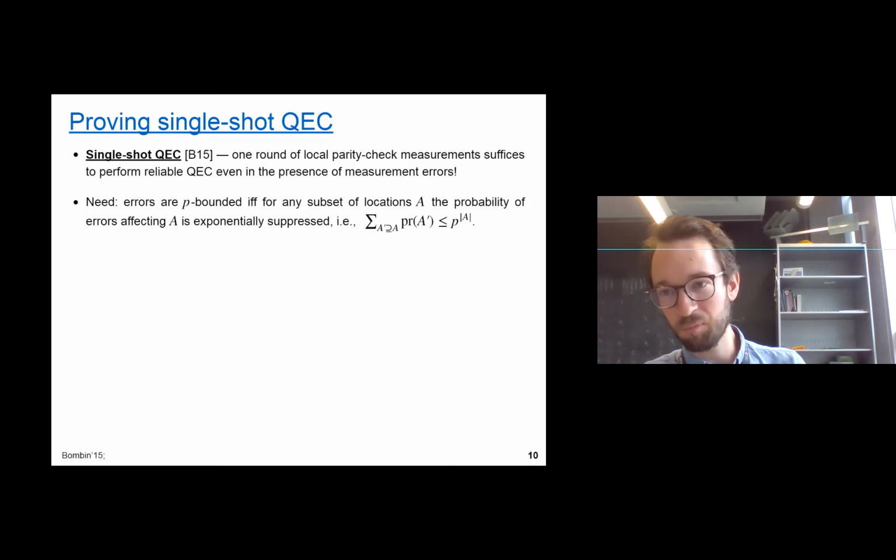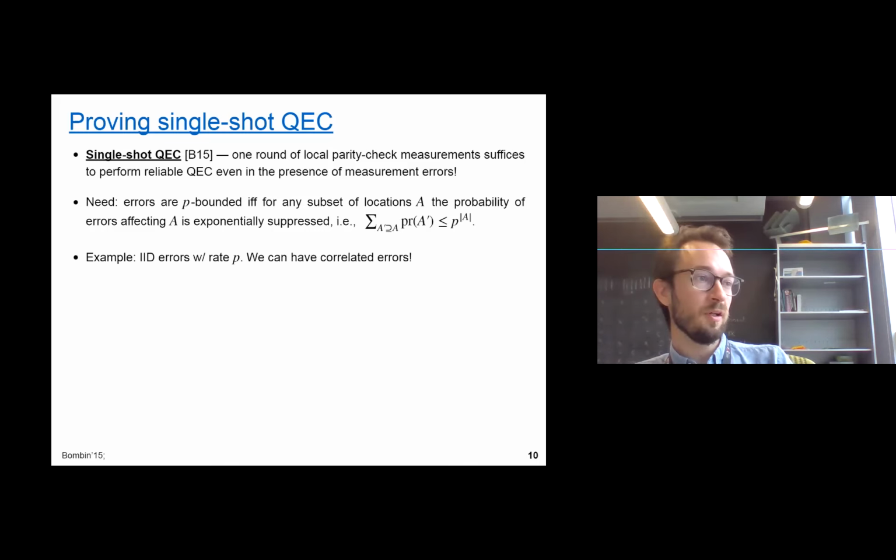It's not like IID, you are allowed to have correlations, but they can't be spread too far over into a large area. So it's a slight generalization, but allows you to capture more noise. And this is the essential property of the noise model we need to prove the threshold.